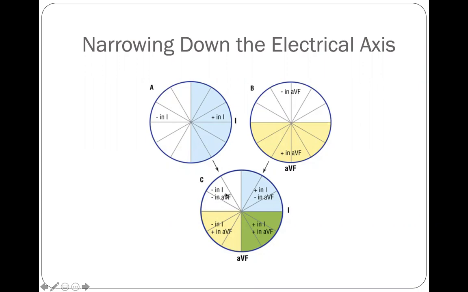And if lead 1 is negative and AVF is negative, then we would be in this white quadrant, which is from negative 90 to the 180. So that's how we can split up each of the quadrants just by looking at leads 1 and AVF. If you look at leads 1 and AVF, you can tell where the electrical axis is actually coming from.